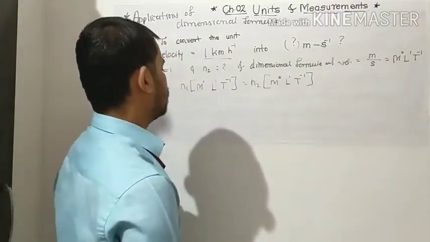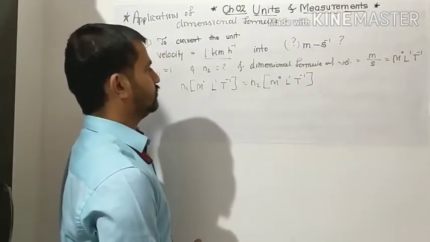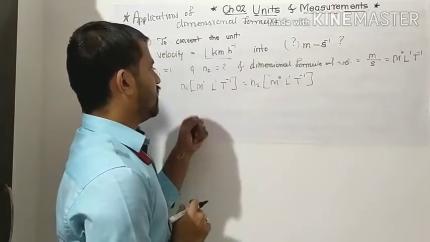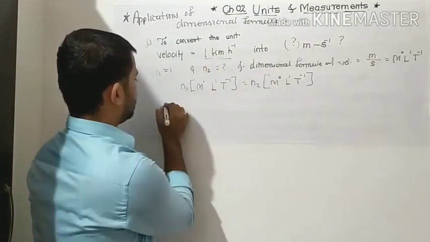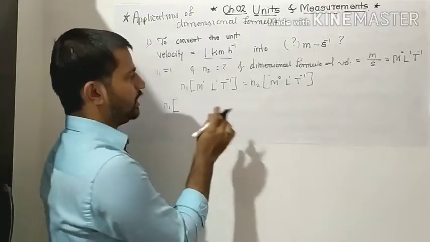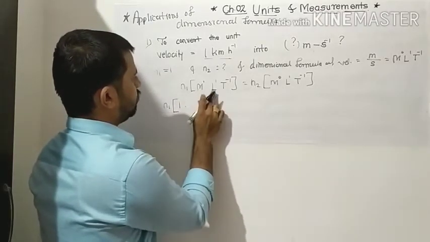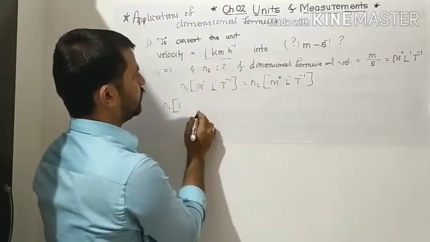Okay, so now we have the values of these particular units. Here we can write n1 into bracket M raised to 0, and any quantity raised to 0 becomes 1, then 1 into L. L is given here in terms of length, and for that the kilometer is used.